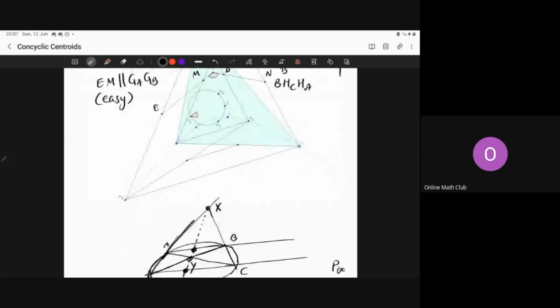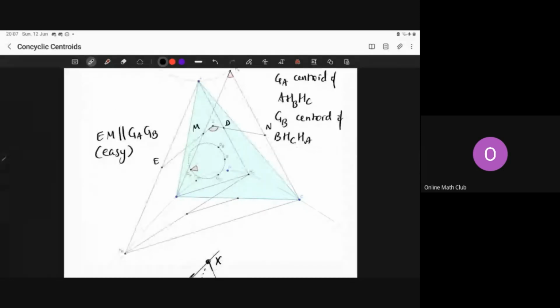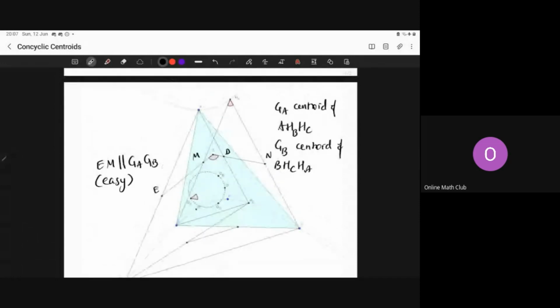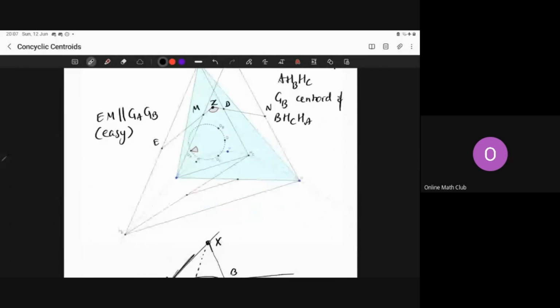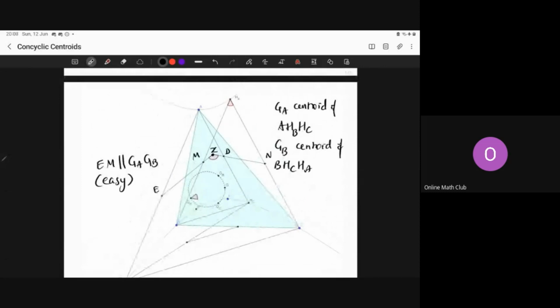Okay, so that would mean that EM and DN pass through the center of the conic, which I marked as Z. Oh, and here the conic is the conic through ABC, P, H, which also passes through HA, HB, and HC because it's rectangular.